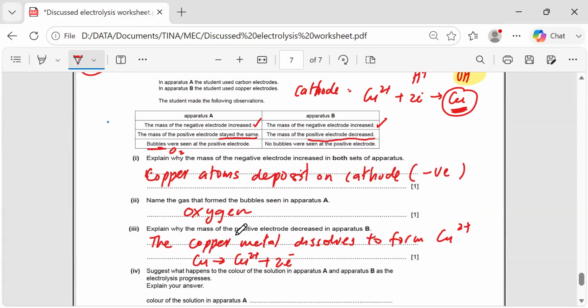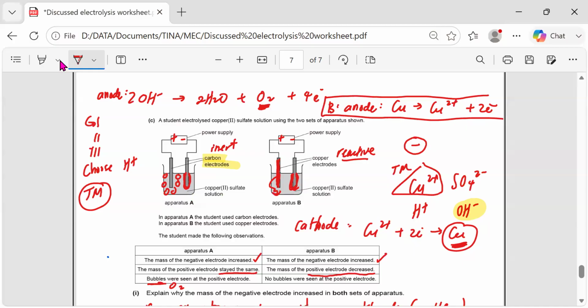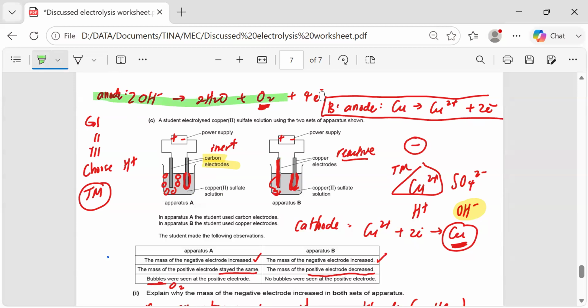Done? Done for this one? Okay. For apparatus A, so let's look at this. For apparatus A, this is anode. And this is cathode. This is for apparatus A. Okay? Anode and cathode. So overall, the copper ions become more or less in the solution.